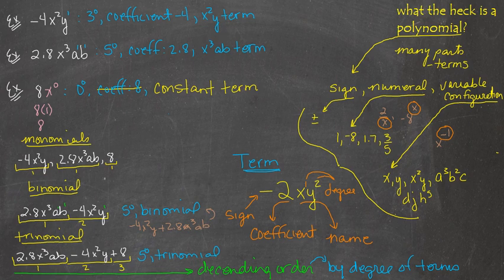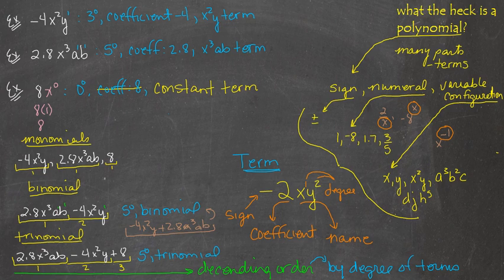It just wouldn't be written in descending order. If I asked for the degree of this number, you would have to look for the biggest degree even if it wasn't written in the front. But technically, you should rewrite this so that the highest degree is in the front.